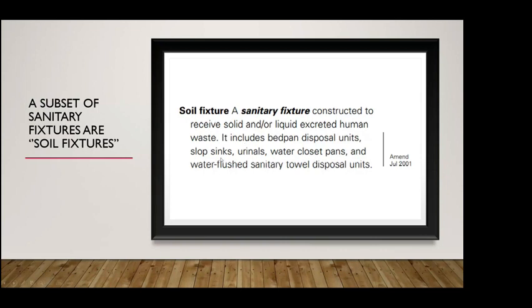Slop sinks are something very similar. Urinals, you'll know, and you get single stool or the ceramic individual ones, or multi-stool stainless steel ones, at sports grounds and stuff. And I don't think these are particularly common, but potentially a water flush sanitary towel disposal.